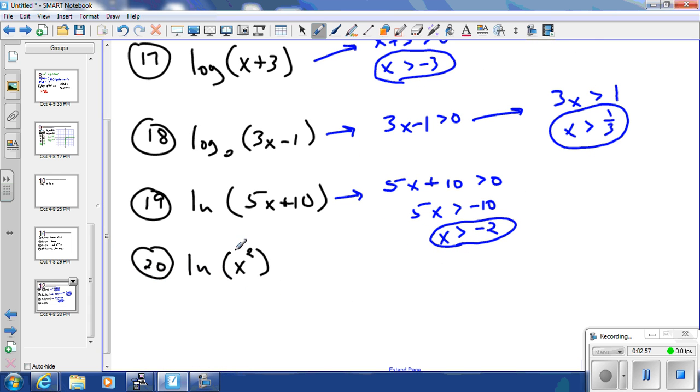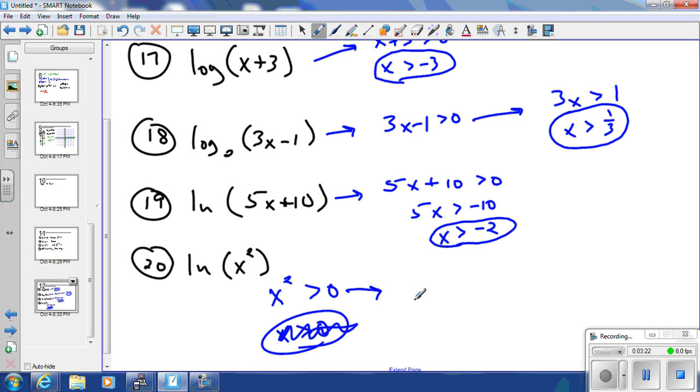And this one here, x squared has to be greater than 0. So what that means is that x has to be greater than 0. I take that back. I just messed up there. When I square a negative number, I'm going to get a number greater than 0 too.